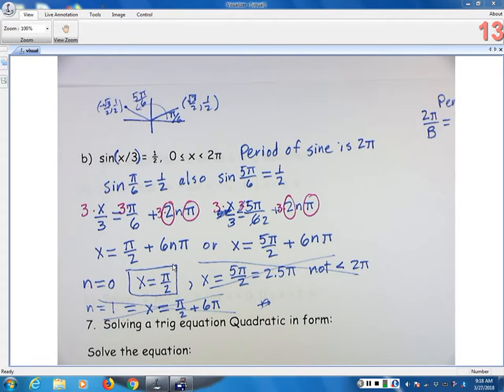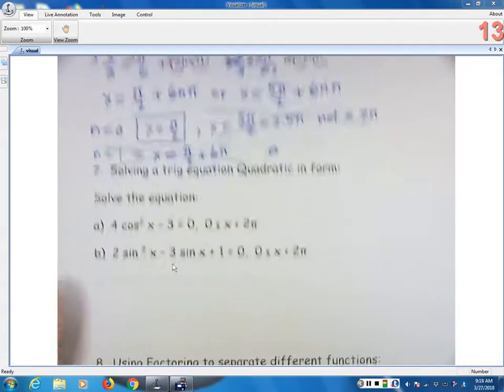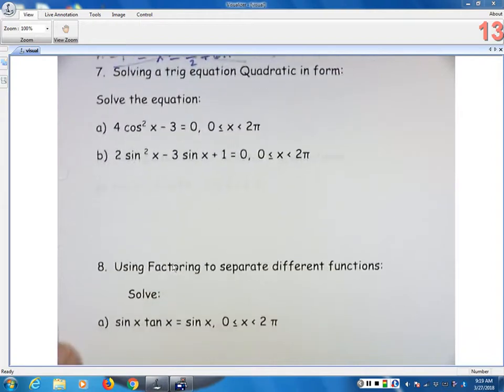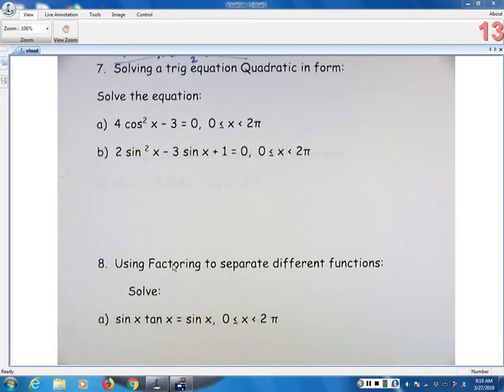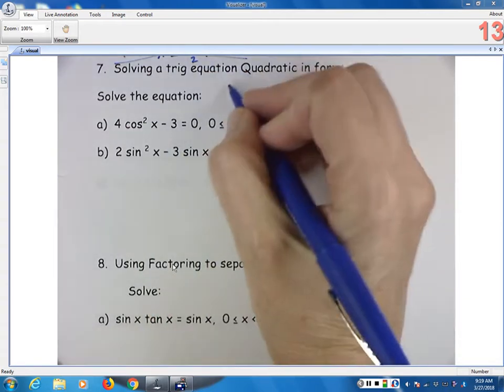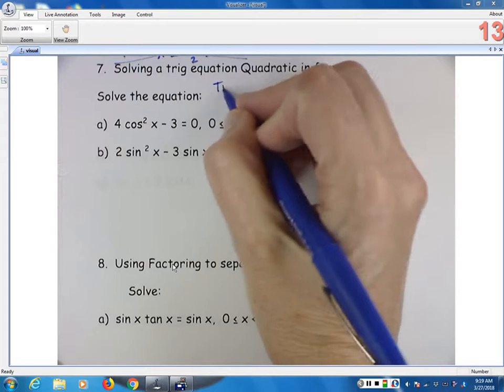Okay. All right, so you're solving a trig equation in quadratic form. I have a note here to try factoring.